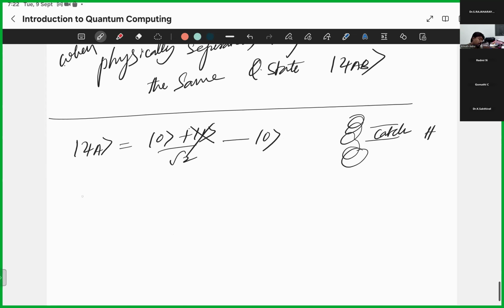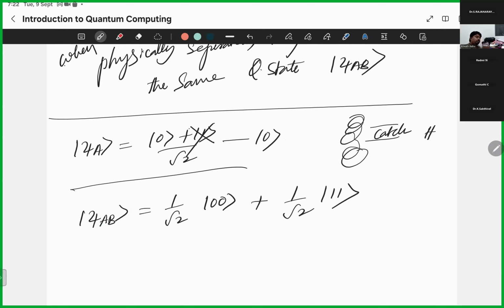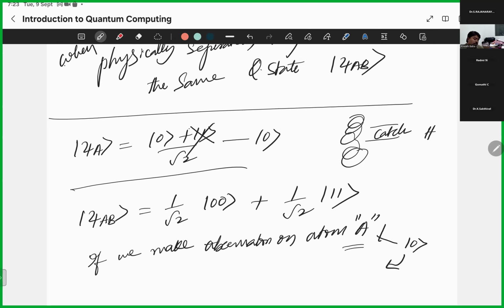Same thing applies here. If I have a quantum combined state as 1 by square root of 2 times 0 plus 1 by square root of 2 times 1, now if I make an observation on only atom A, let's say atom A falls to 0, which implies the amplitude of 1 is destroyed.